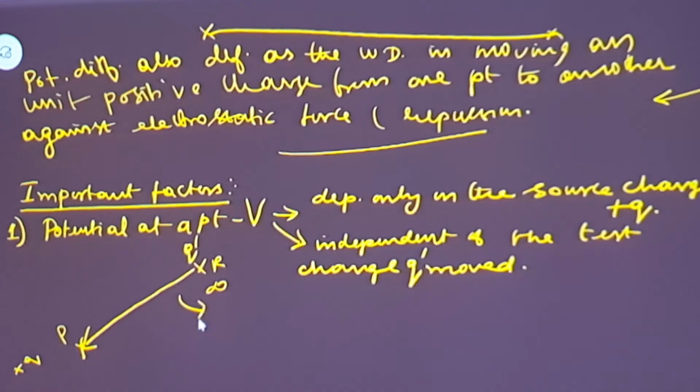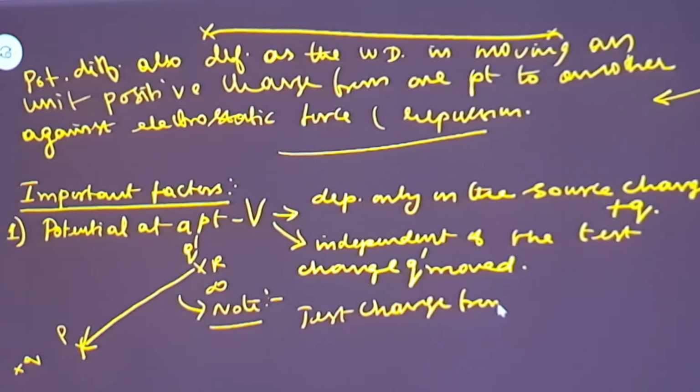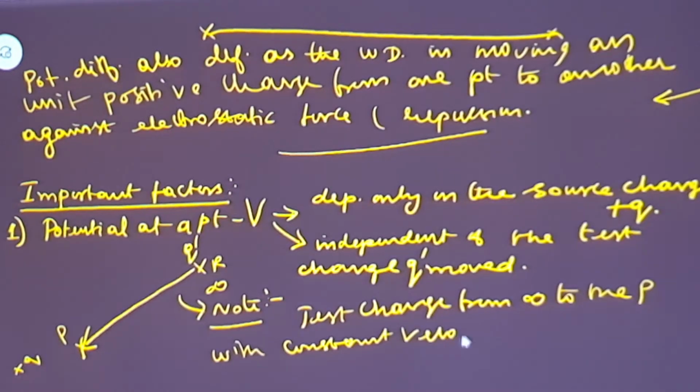That we should note. What does this note mean? When you are bringing the test charge from infinity to the point P, it should be moved with a constant velocity, that is, it should not get accelerated. Why?